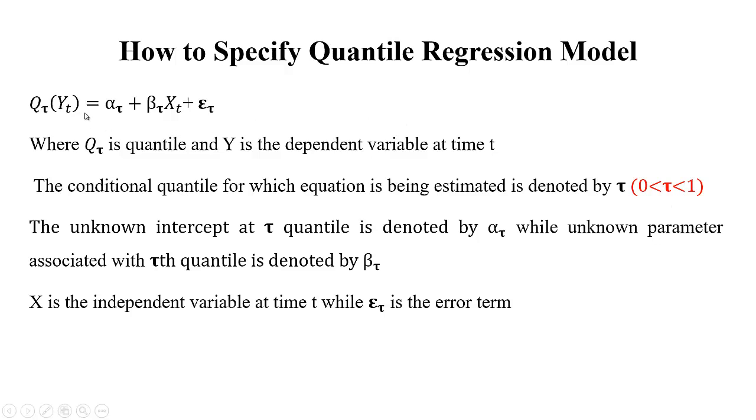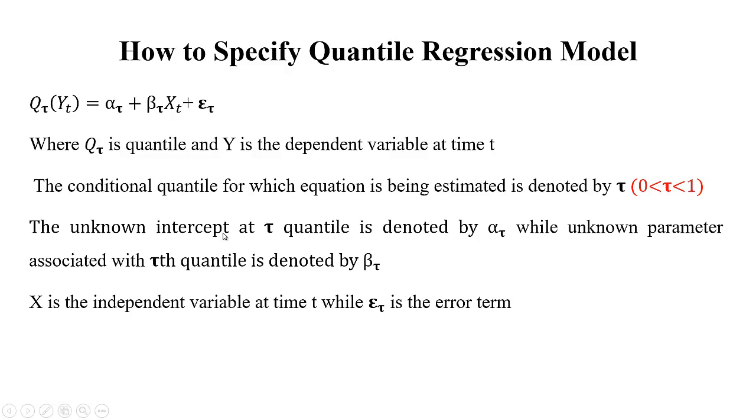This is the unknown intercept at tau, and it is denoted by this, while the unknown parameter, you will certainly have the value of this intercept and parameter after the estimation. The unknown parameter which is associated with this particular tau, that is maybe 0.4 quantile or 0.2 quantile or 0.5, which is the median quantile, is denoted by this beta subscript tau.